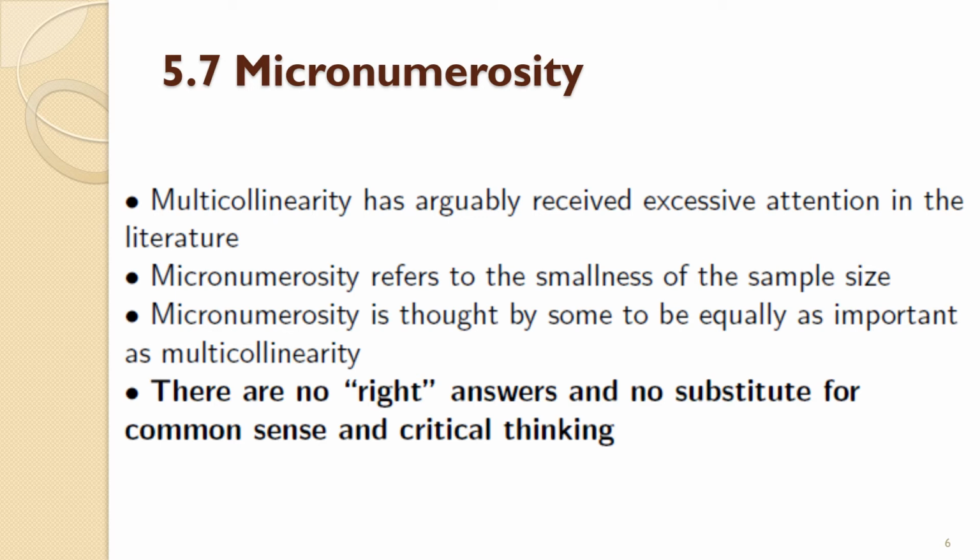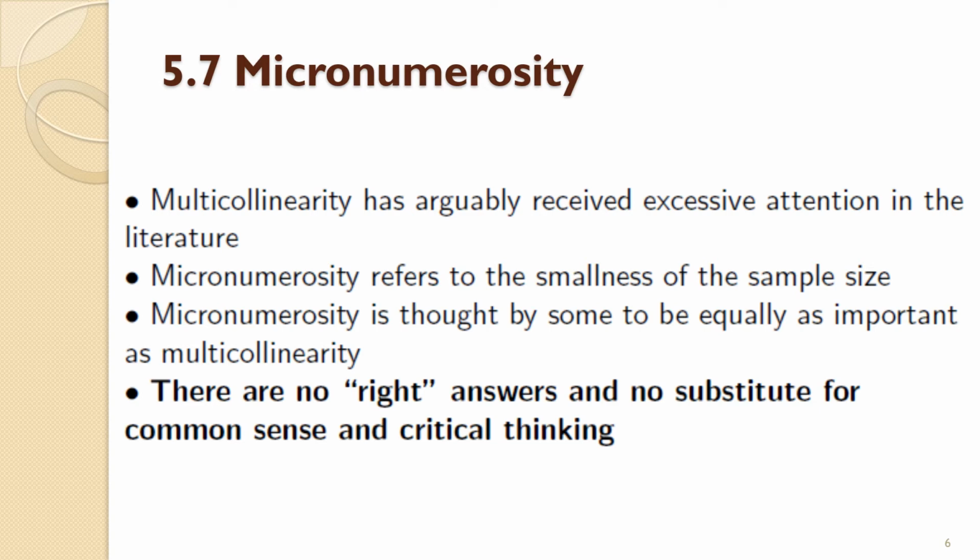Now alongside that, another important numerical problem is this thing called micronumerosity. The argument is that multicollinearity has arguably received excessive attention in the literature. In contrast, micronumerosity refers to the smallness of the sample size, and it's thought to be at least as important as multicollinearity.